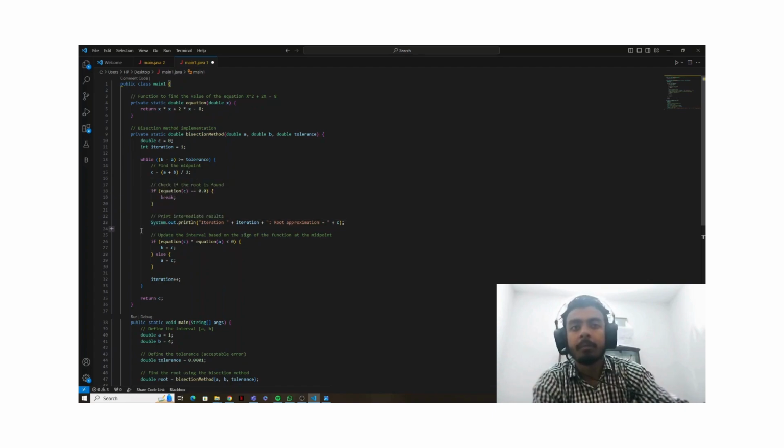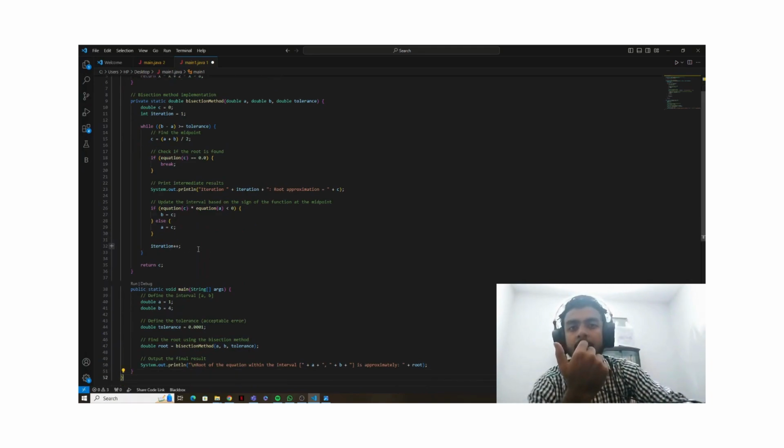Then we print our intermediate result. Then we update the interval based on the sign of the function at the midpoint, as I showed you when we solved our equation: if f of c multiplied by f of a is less than 0, b equals c, else a equals c. If the answer of the function of c is positive, it changes the positive side of the function, and if the answer is negative, it changes the negative side of the function.